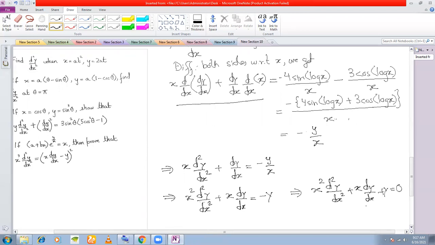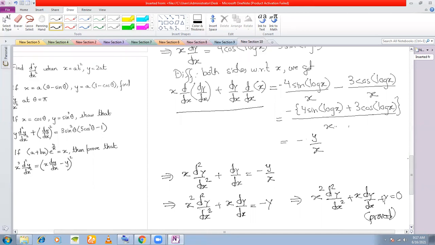And that is what you have to prove. Okay, so this technique is very important. Keep differentiating and keep substituting wherever you have a y or wherever you have a dy/dx. We'll require this technique in 90% of the problems in successive differentiation.